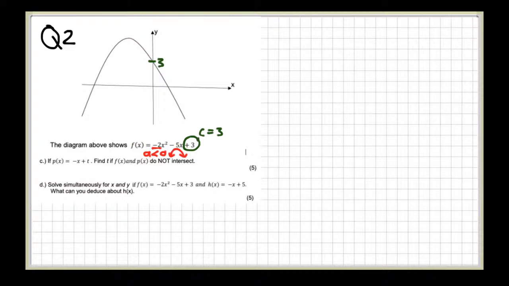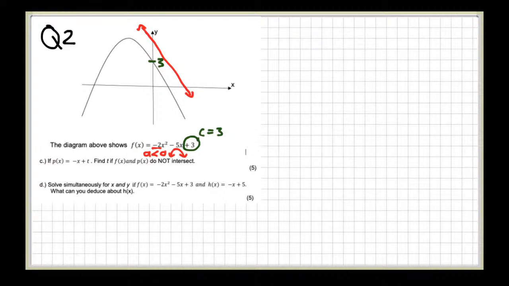What do they mean? Well, if I look at the graph, p of x has a negative gradient, in other words, a negative gradient of 1. They are looking for values of t such that the graph would look like the one that I just drew. There's no intersection between f of x and p of x.